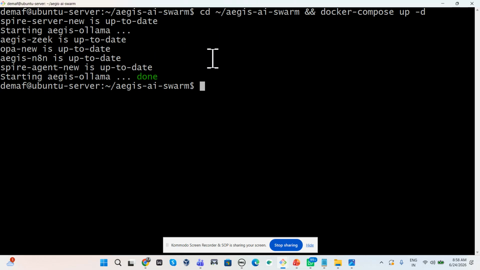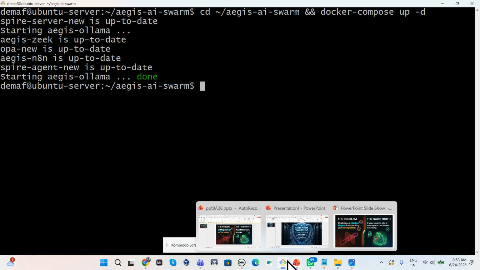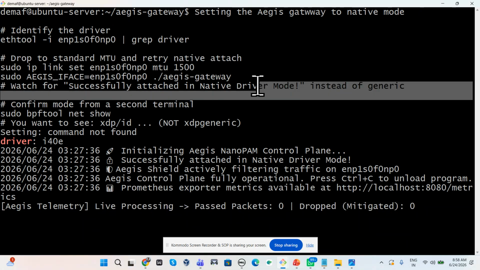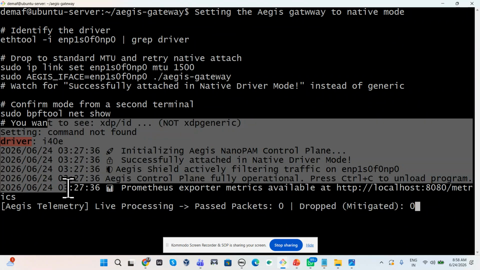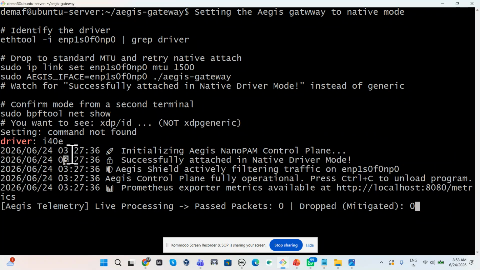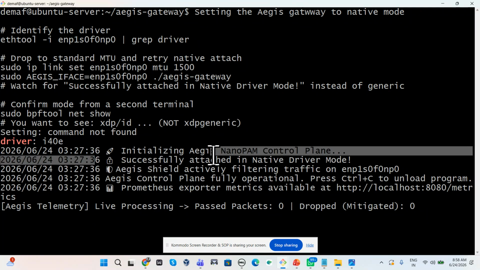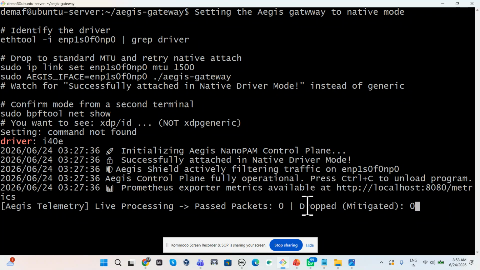This is the gateway attached in the native driver mode as we have seen earlier. We have the gateway running on 10.10.10.1, successfully attached in the native driver mode.